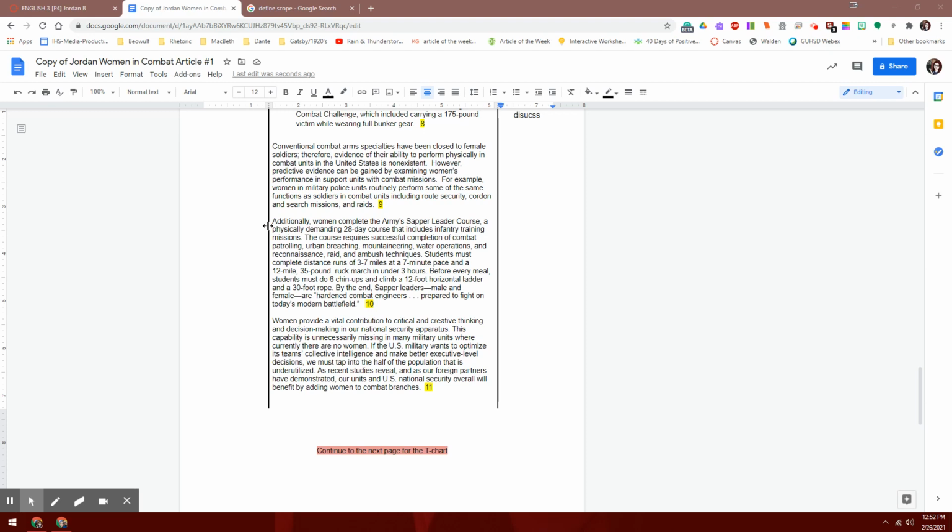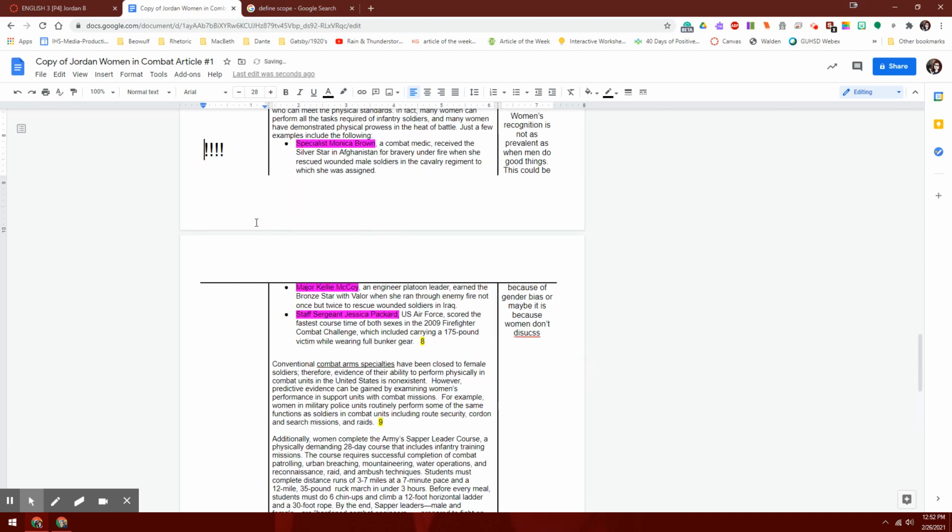Okay, so there's a lot of words in here that I don't know, so I want to start with that. Combat arms specialties, I'm just going to underline it. I'm not going to go to the dictionary definition because I don't think it's going to have one, but I'm just going to talk through it.